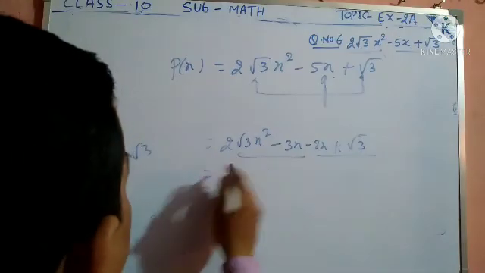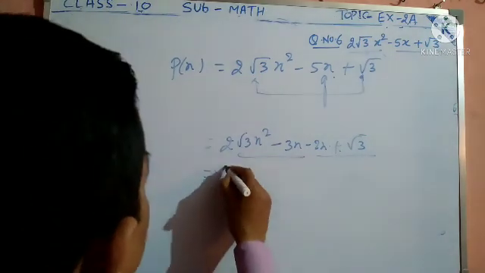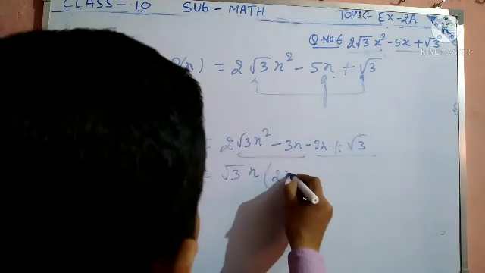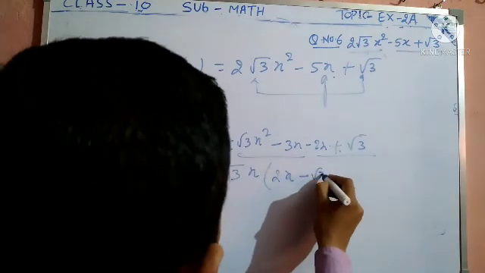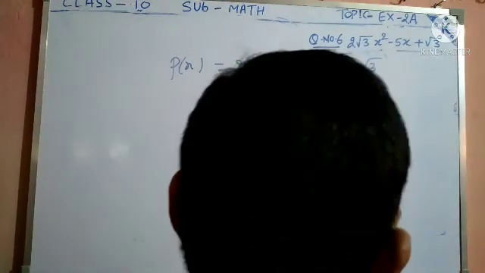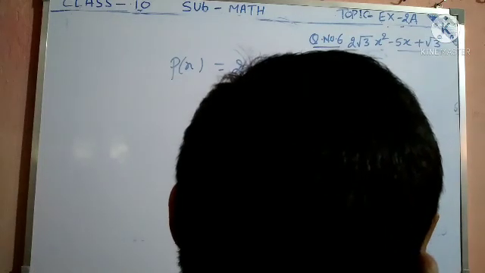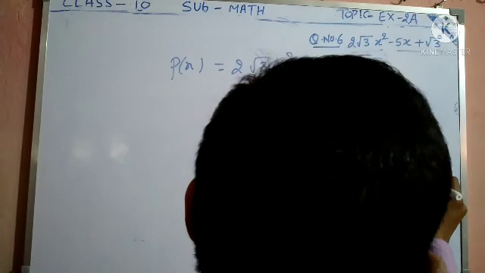Taking common terms, we get root 3x into 2x minus root 3, and also minus 1 into 2x minus root 3.